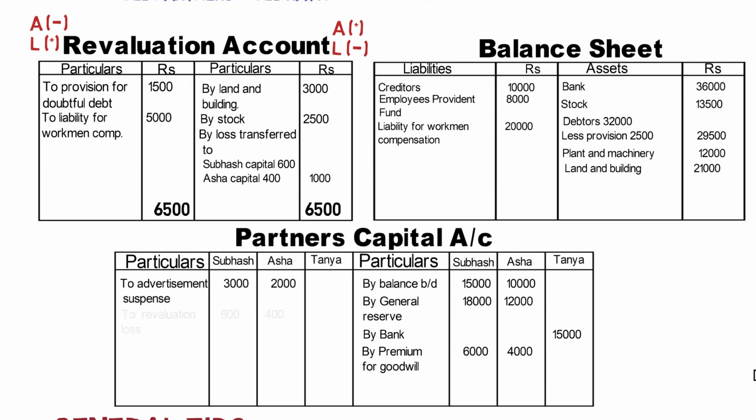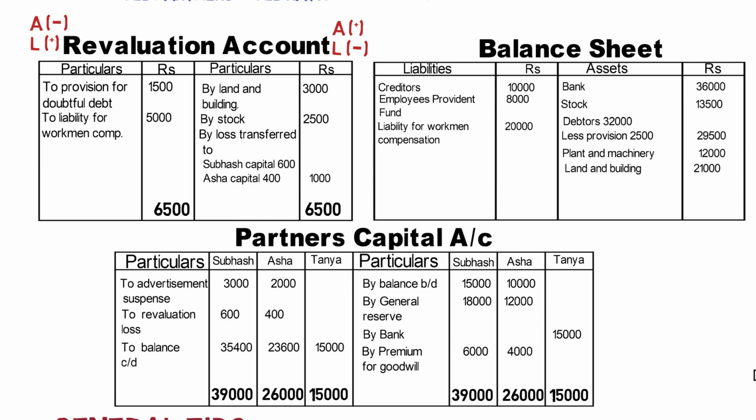Keep in mind, the loss on revaluation is transferred to the debit of partners' capital, as a debit balance in the capital account represents a decrease in the value of capital. After this, find the balance of the partners' capital accounts. Transfer the balance in the partners' capital accounts to the balance sheet. Now check that your balance sheet tallies.